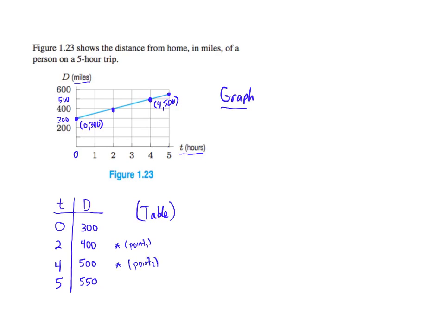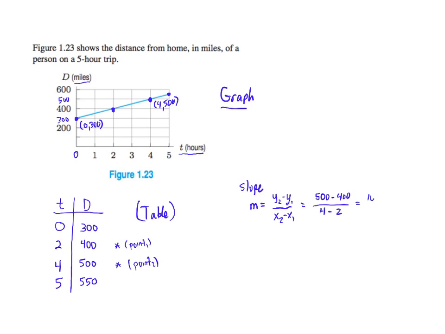If we think about our slope formula, people like to use m for the slope. So our slope formula would be y2 minus y1 divided by x2 minus x1. Using these 2 points, I would end up with the y values, 500 minus 400, divided by the input values of 4 minus 2.